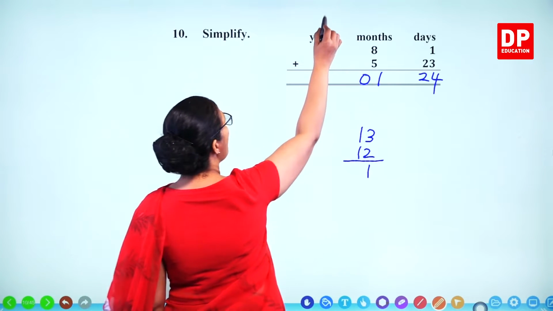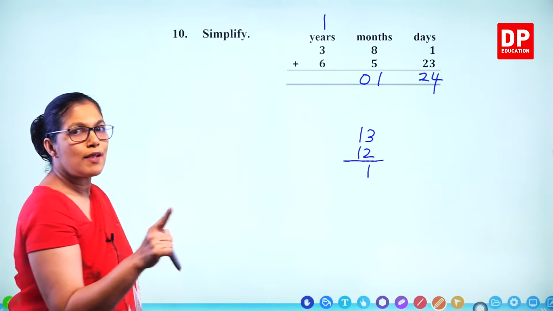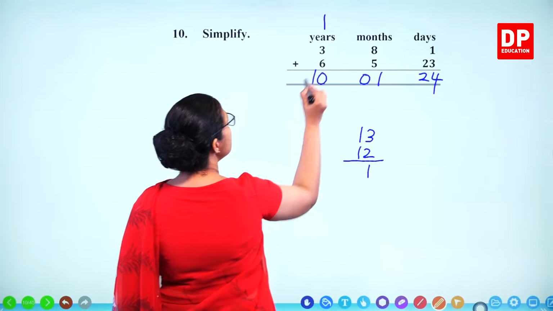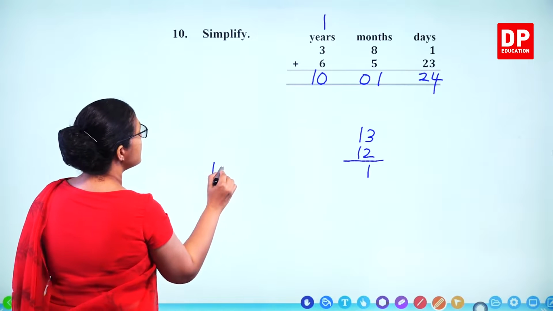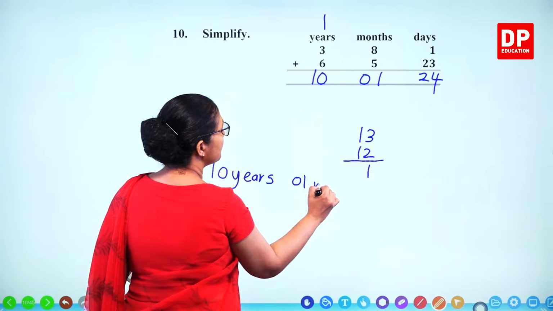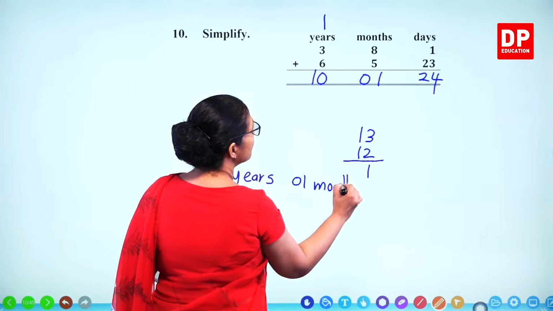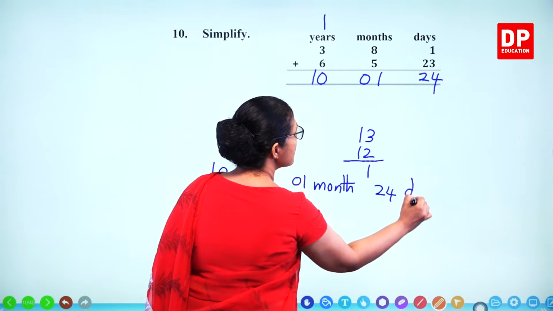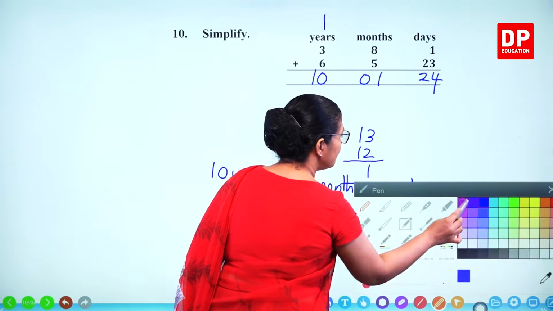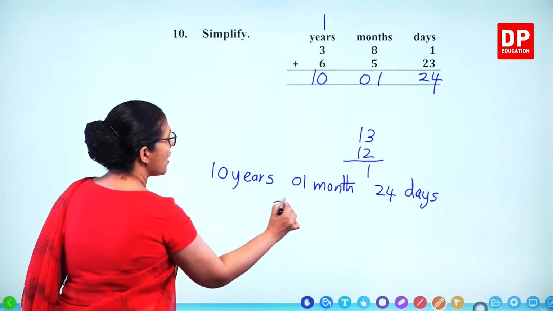You have to take 1 year for those 12 months. 6 plus 3, 9. 9 plus 1, 10. So you can write 10 years, 1 month and 24 days. Two marks.